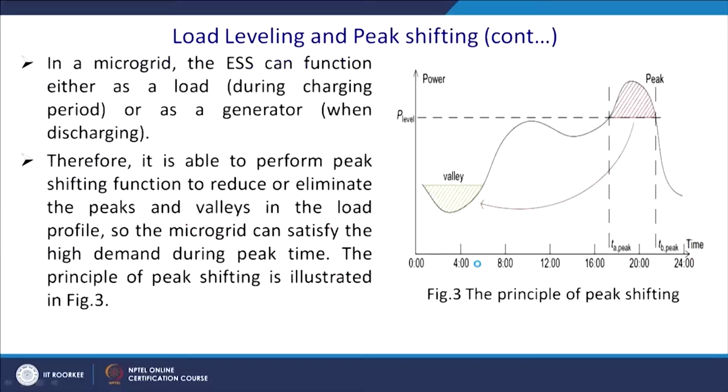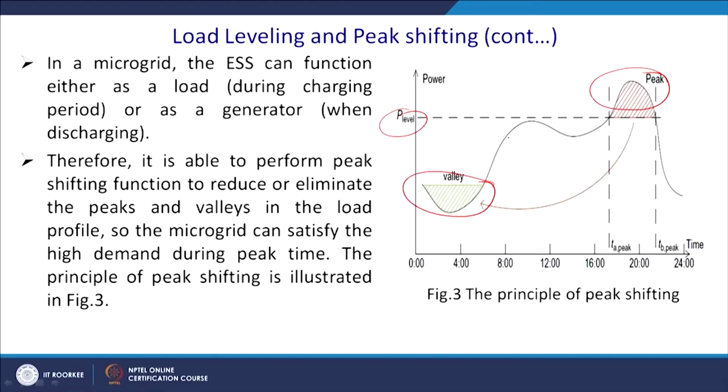Let us see how load leveling and peak shifting work. This is the power level, and somewhere you have a peak and somewhere a valley, and you want to shift this peak from here to there.